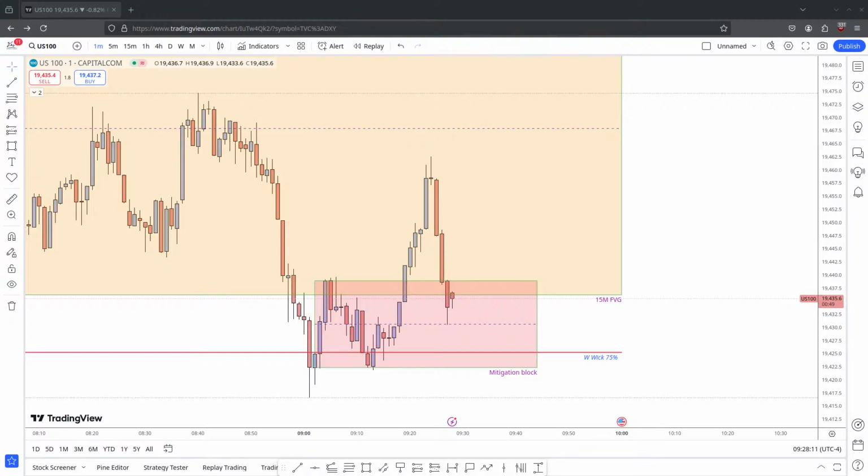So we've already invalidated almost 3 levels. If we lose this level here, we're through that breaker block. So this is not a good sign. It's not looking like we're gonna get this trade here. It's not gonna be a breaker block entry just yet.